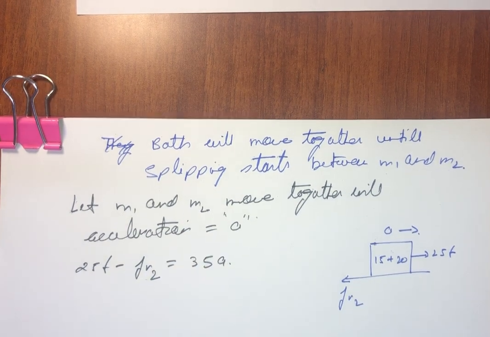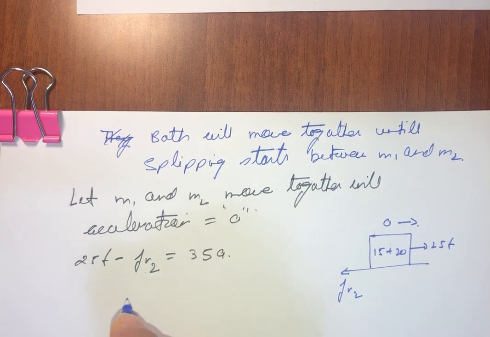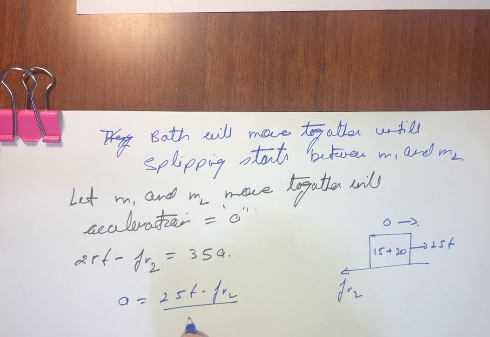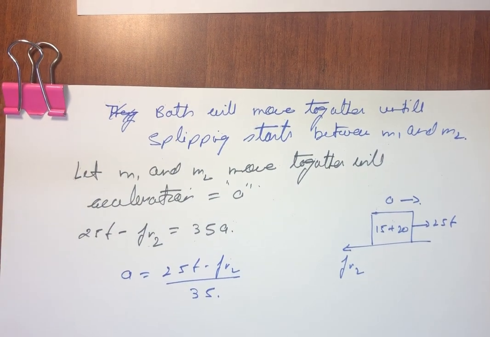From here we can find the value of acceleration: a is equal to 25T minus FR2 divided by 35.